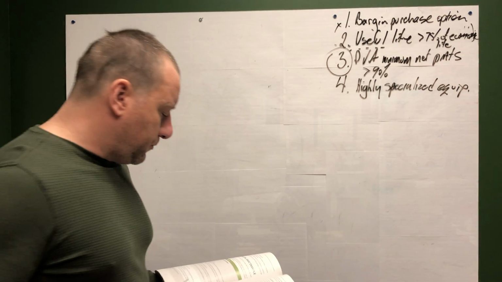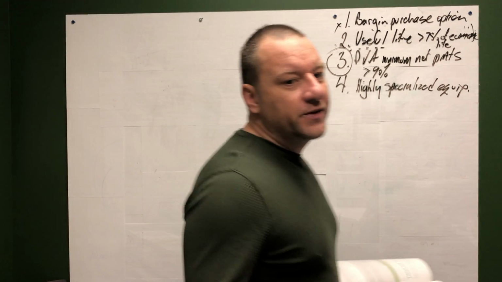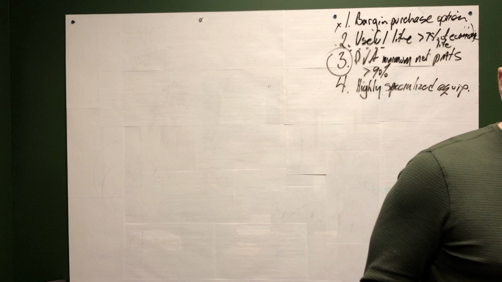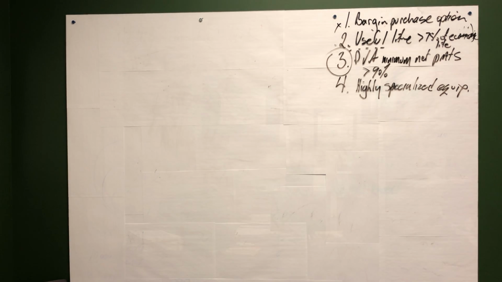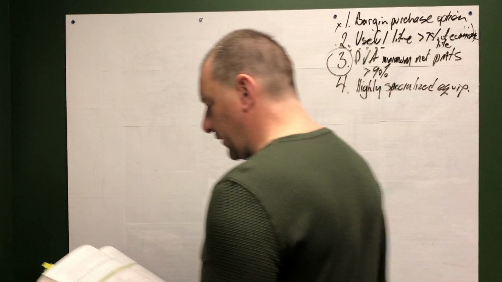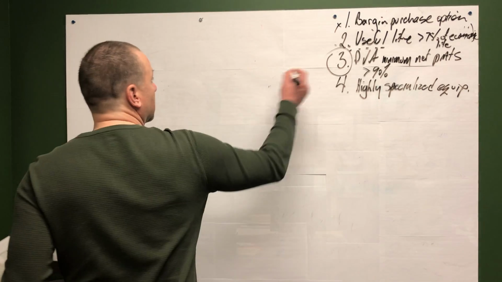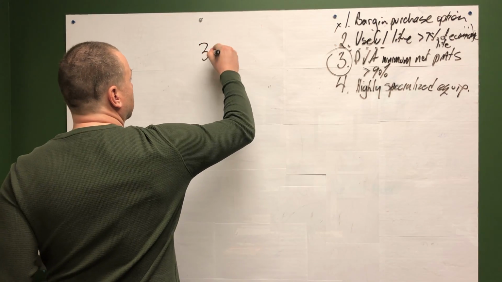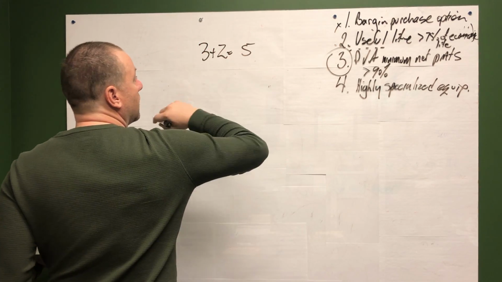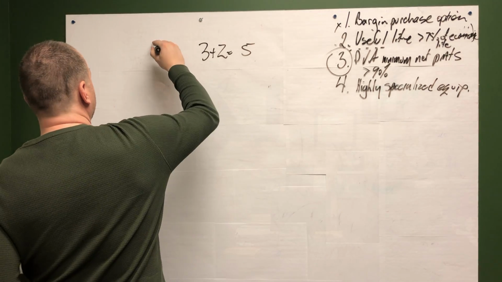Well, between the initial term and the additional 2 years, we're already at 5 years. So 3 plus 2 equals 5 years. So that's going to be our useful life.